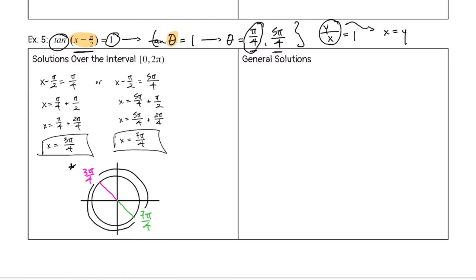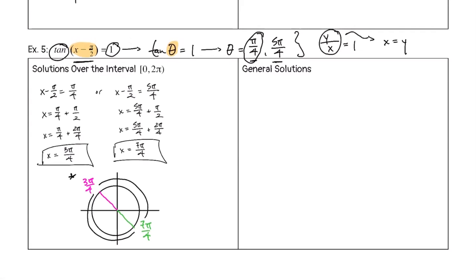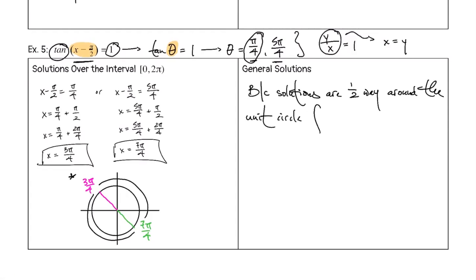The special case is that when you think about your solutions, they are exactly halfway around the unit circle from each other. And so what we're able to do in this case, because the solutions are halfway around the unit circle from each other, okay, we can collapse two solutions into one, meaning this.